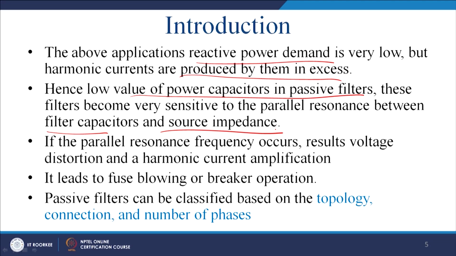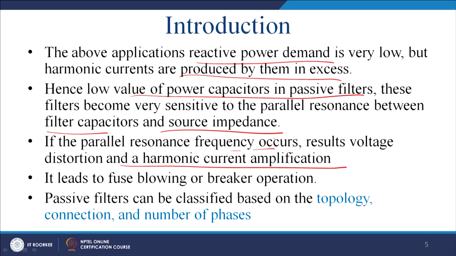And you know that it is anti-resonance, so less current flows. If the parallel resonance frequency occurs, this results in voltage distortions and harmonic current amplification. So, this is one of the problems, we shall give this kind of problem in the assignment.